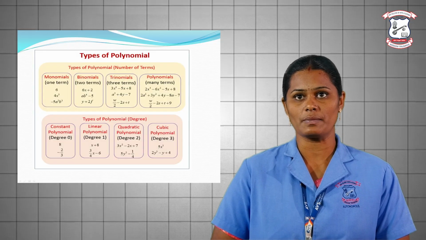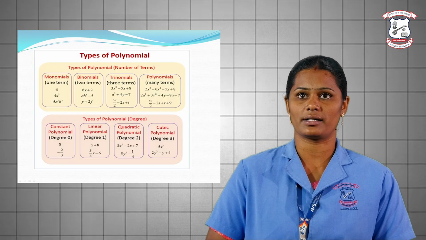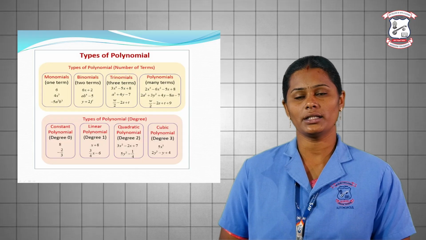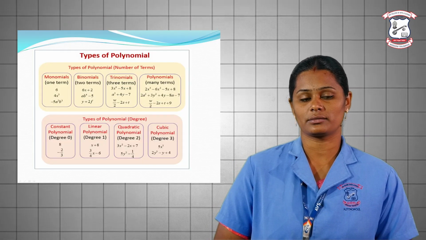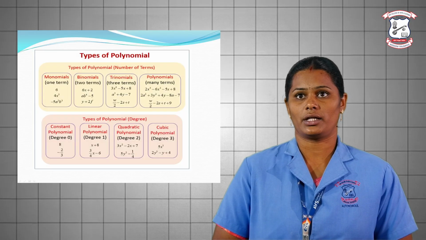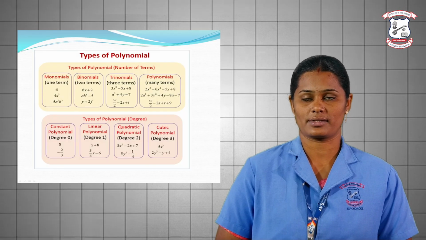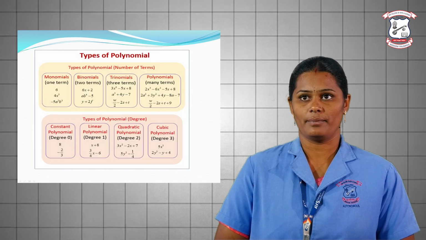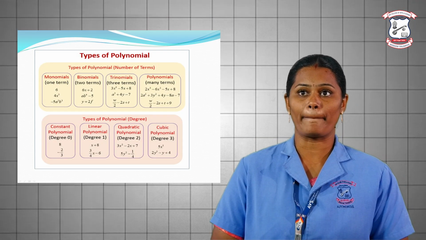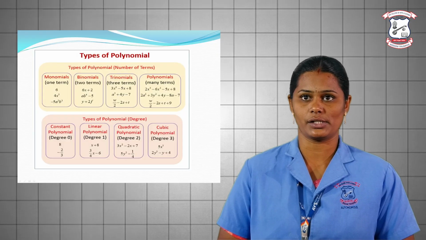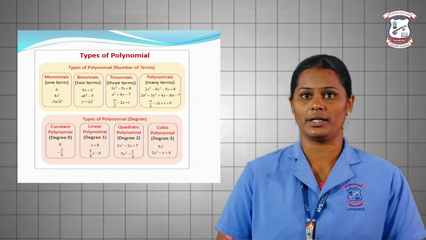And then third one is trinomial. A trinomial means two variable terms plus one constant. Next one, polynomial. A polynomial has many terms in the equation.